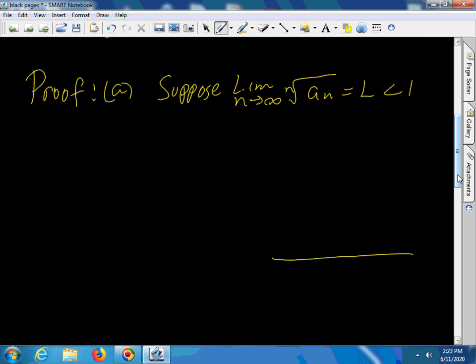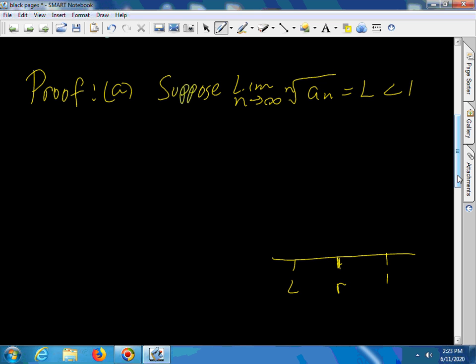So in terms of a number line, we have 1, we have L. Actually, let me move L over a little bit. Now, there's a number in between L and 1. There's many numbers between L and 1.